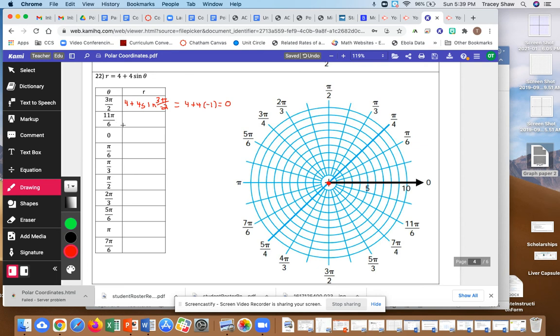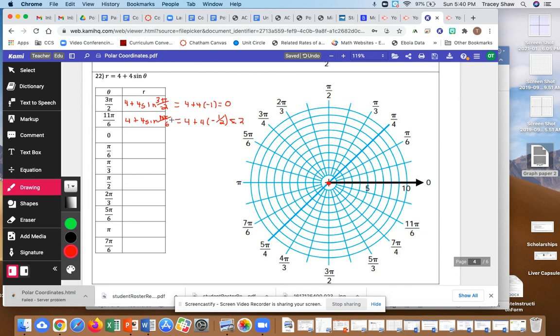Let's put in 11 pi over 6. 4 plus 4 sine of 11 pi over 6. And you may want to use your unit circle on this. The sine of 11 pi over 6 is actually -1/2. And 4 times -1/2 is -2. 4 plus -2 is 2.